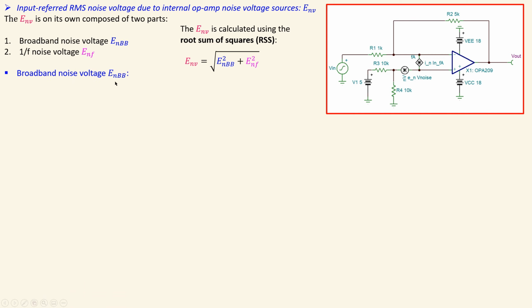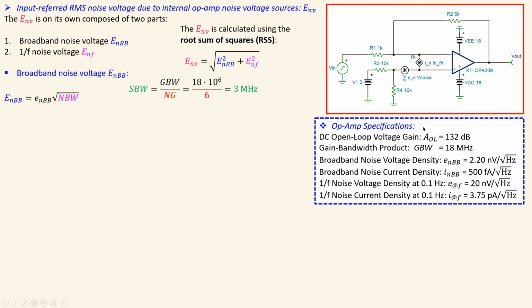The broadband noise voltage we can calculate using the input noise voltage spectral density of the op-amp times the square root of the noise bandwidth. We know the signal bandwidth, which is 3 megahertz. Using the datasheet, the noise bandwidth is given by the conversion factor times the signal bandwidth, which is 4.712 megahertz.